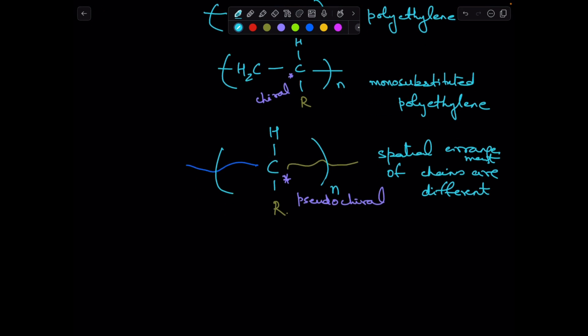Optical activity is shown only if the atoms or the groups attached directly to the carbon are different. In this case, the groups attached to the carbon in the polymer chain may be the same, but the spatial arrangement of the chains is different, which is what makes this carbon pseudochiral.